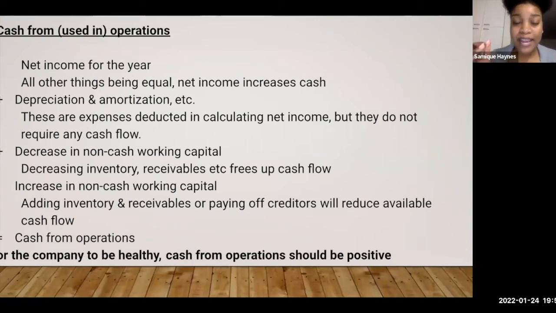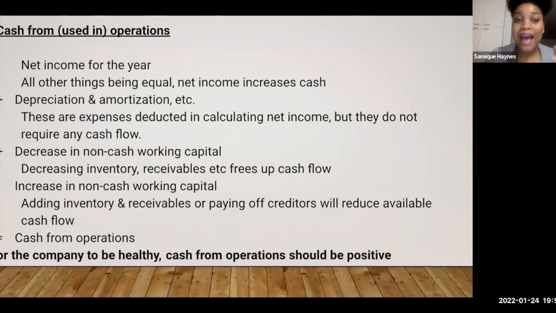We start with the net income, okay? We add any non-cash expenses, we add it back, depreciation, we add that back. And then if your inventory is going down, then that means that you are getting more cash in.